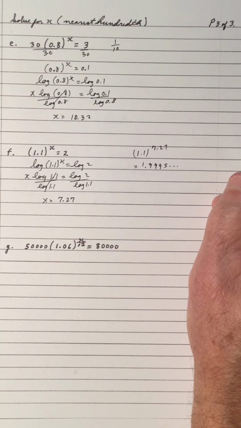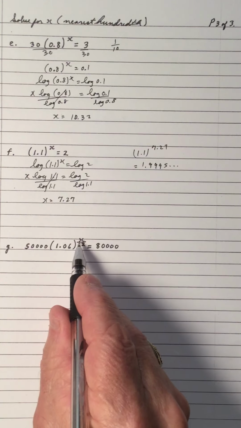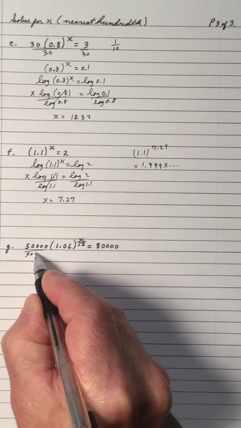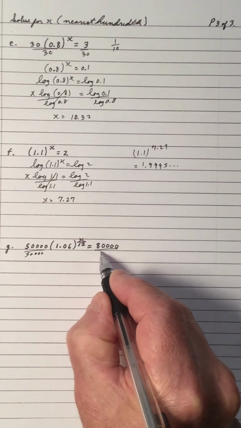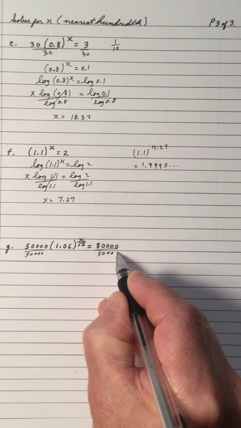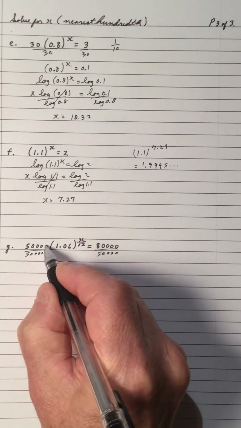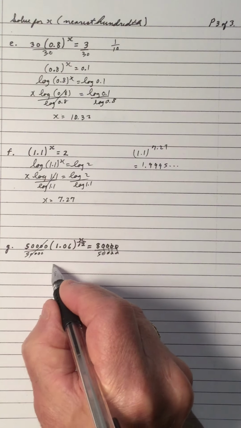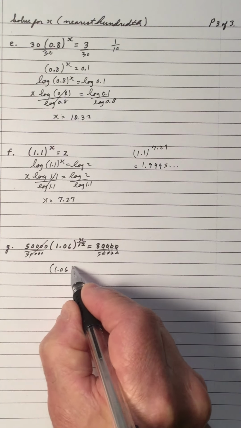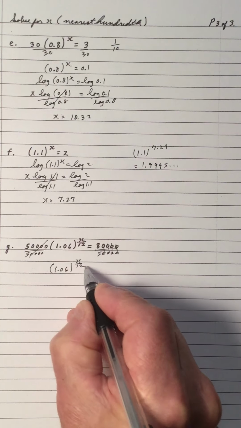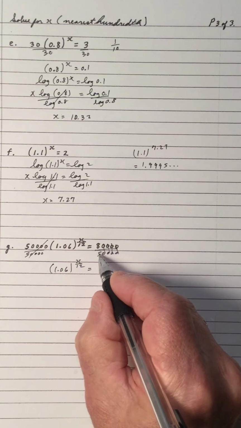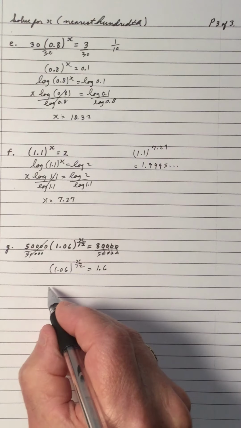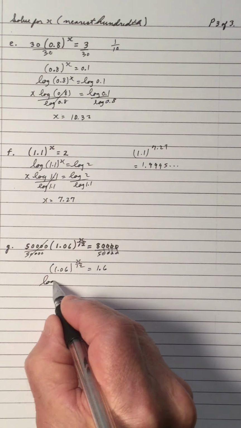And we have one more to do, and we have x in the exponent, so we have to do a log, but we'll divide by 5,000 first to make it a little bit easier. That's 5,000, so that cancels, so we get 1.06 to the x over 12 equals 8 divided by 5, which is 1.6. And now we have x in the exponent, so we do the log of each side.